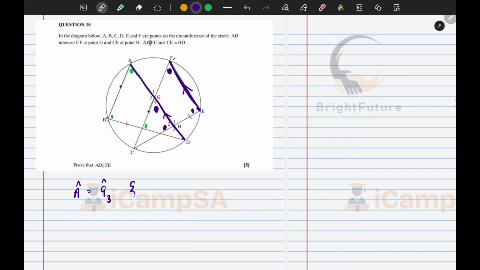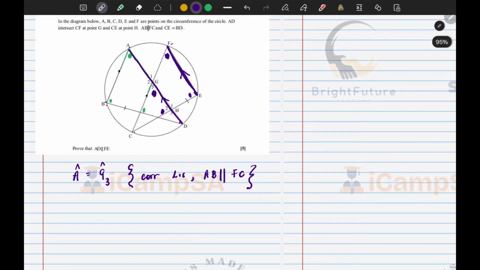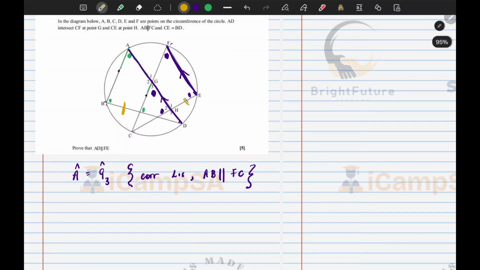We don't have a value, and our reason is corresponding angles, because AB is parallel to FC.